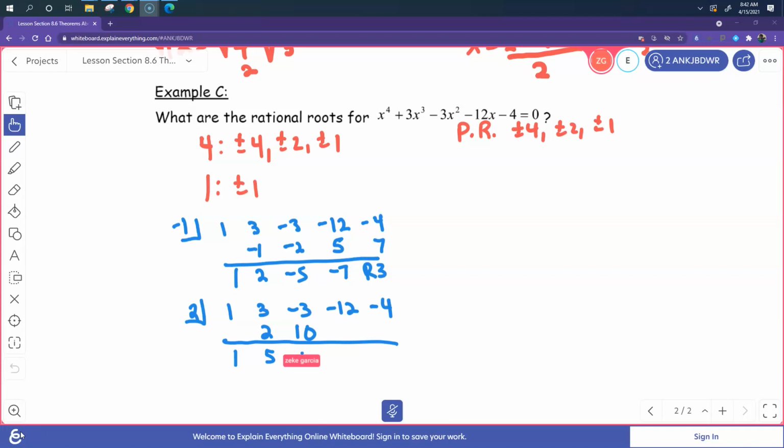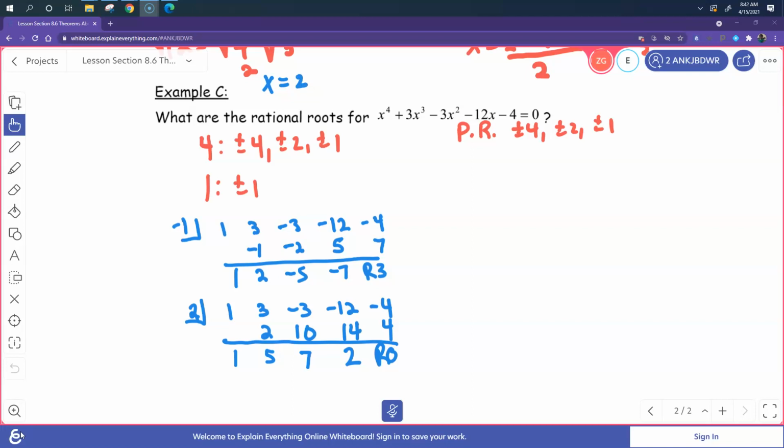Negative 3 plus 10 is 7. 2 times 7 is 14. Negative 12 plus 14 is 2. 2 times 2 is 4. Negative 4 plus 4 is 0. That's a remainder of 0. That's what we want. So we have x equals 2. That's our first answer.